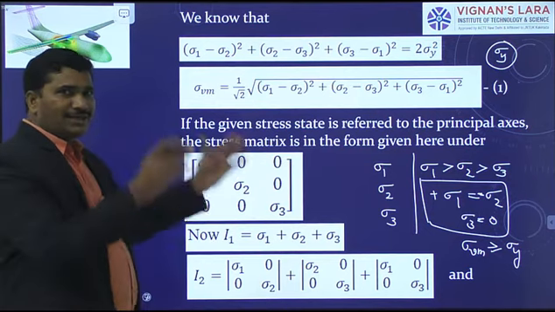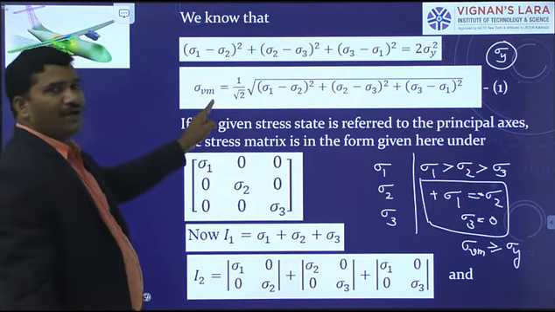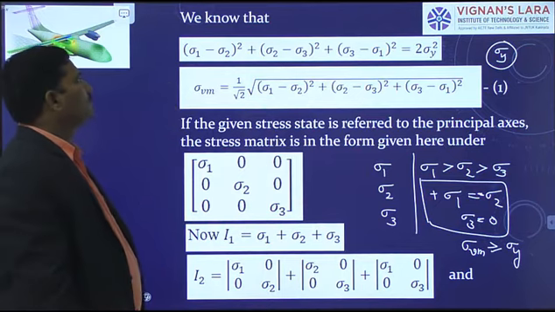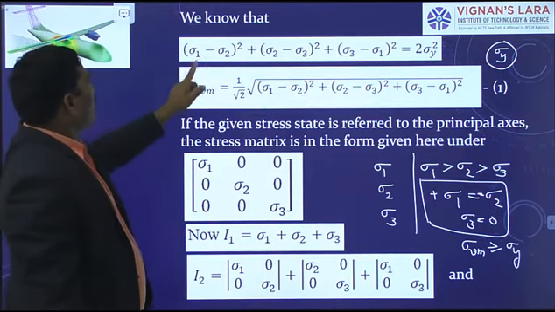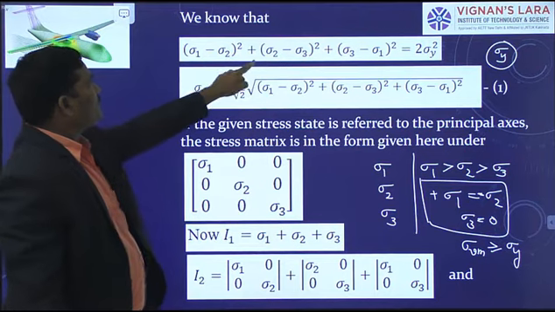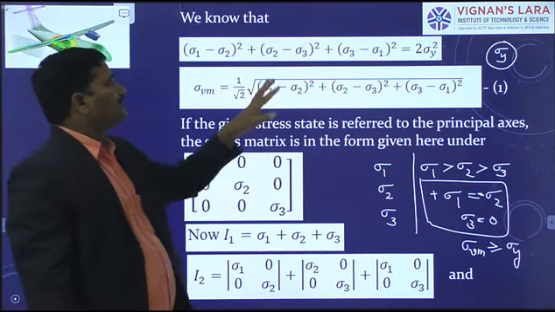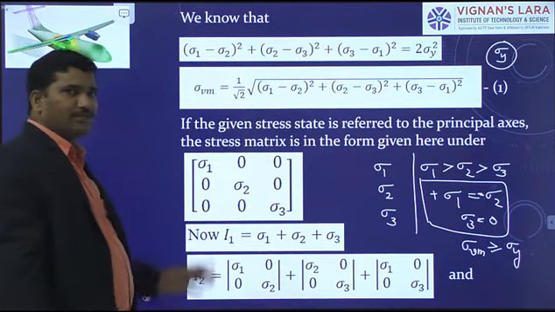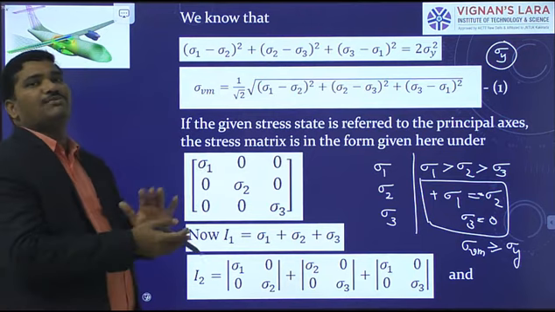So that is the reason why I define the LHS as von Mises stress: square root of (sigma 1 minus sigma 2) whole square plus (sigma 2 minus sigma 3) whole square plus (sigma 3 minus sigma 1) whole square, by 2. That is the von Mises stress.